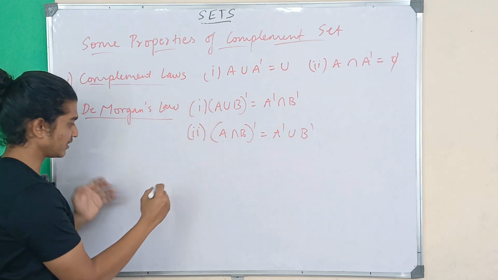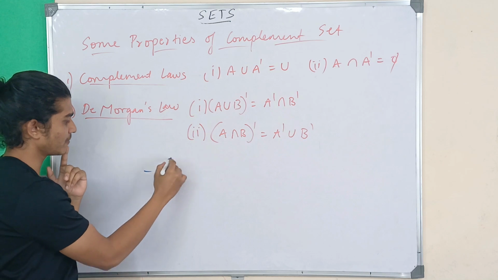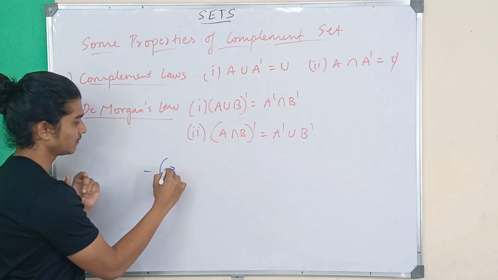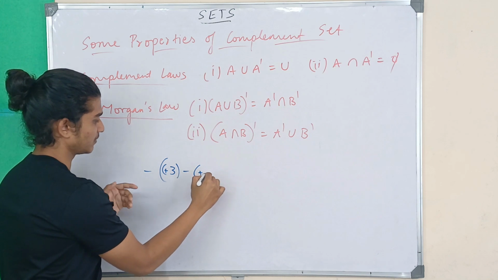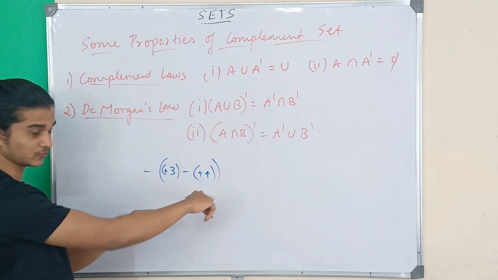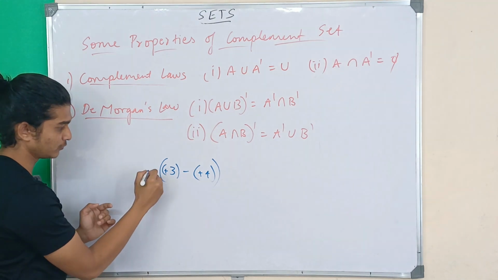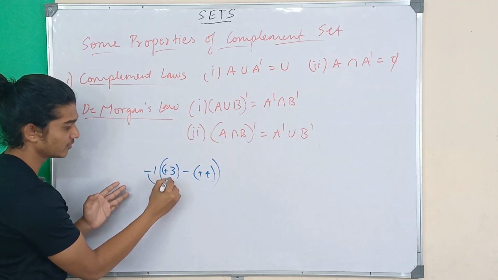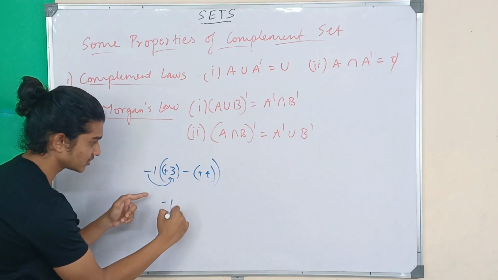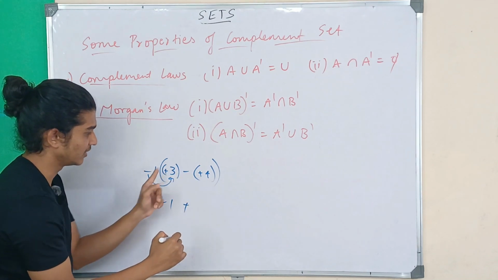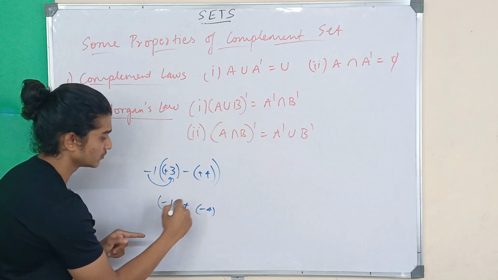Just imagine you have minus of minus 3 plus 4. If you want to multiply this minus into the numbers, we take it as minus 1 and multiply, and everything starts flipping. This flips into plus, and this flips into minus 4. So this is what happens, right?